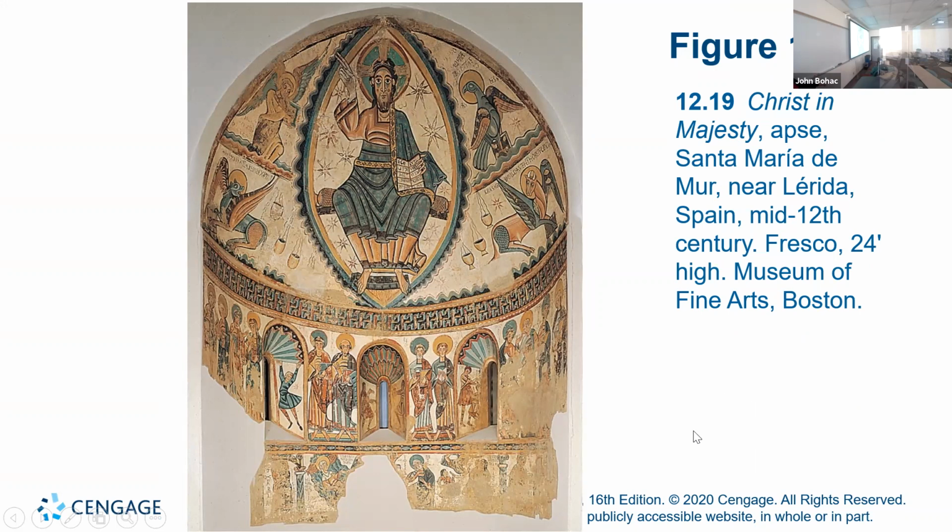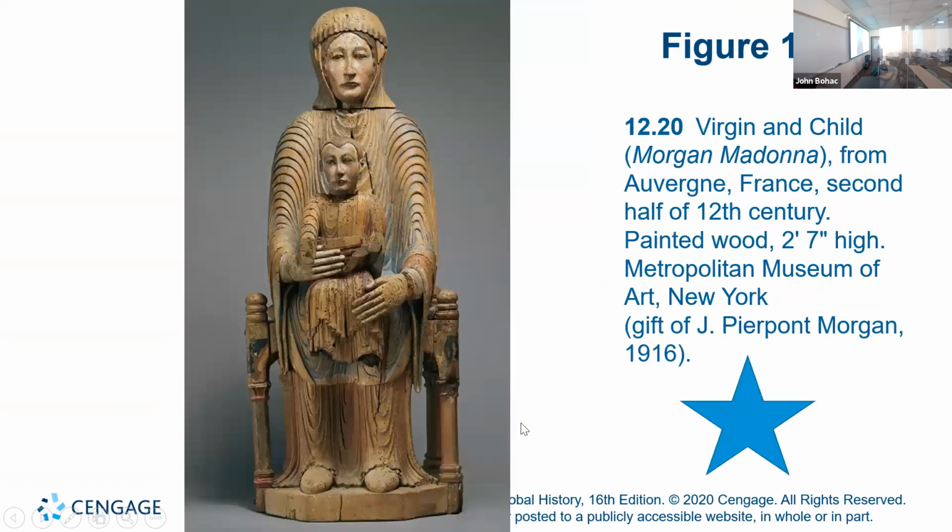Christ in majesty. Looks like something that may have been out of San Vitale or something. It looks very Byzantine, but that's what they went on. But you see, the art forms, they're surviving and they're growing.